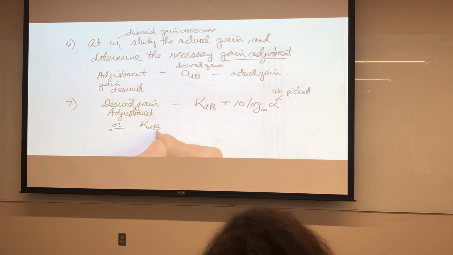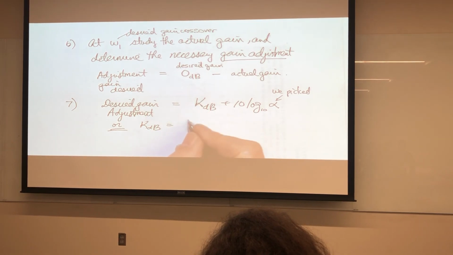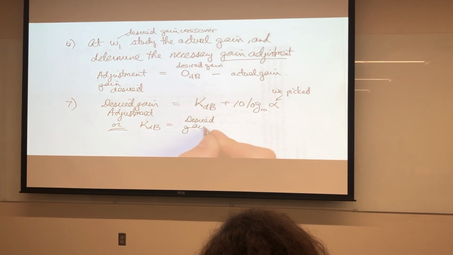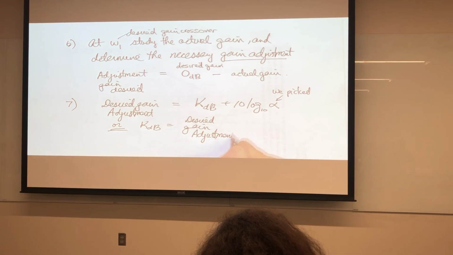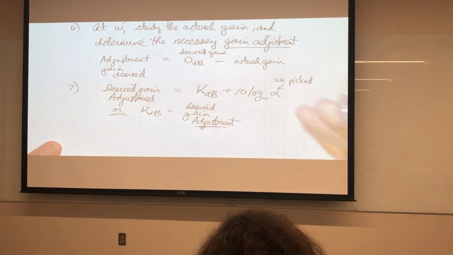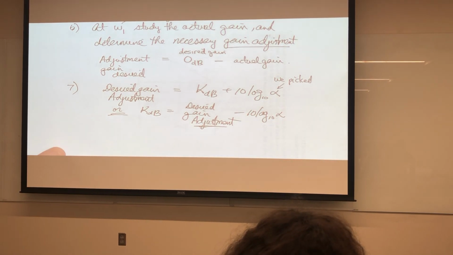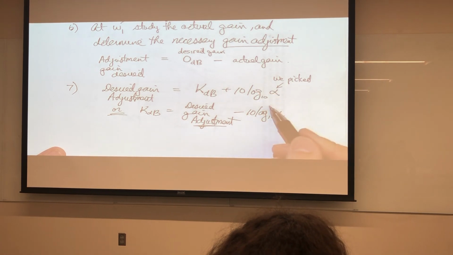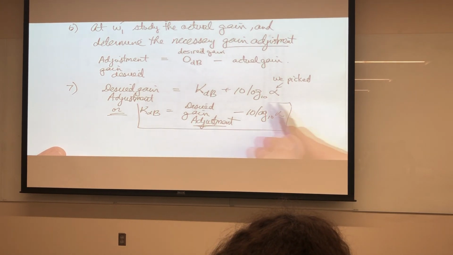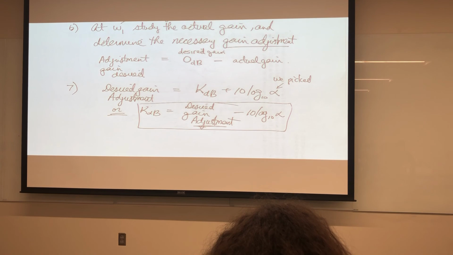K in dB is equal to the desired gain adjustment. Okay, it's not the desired gain. The desired gain is 0 dB. We want to figure out what the adjustment is. We're going to adjust it with a compensator and subtract off 10 log alpha. So these two equations are the same. But this was the last equation.